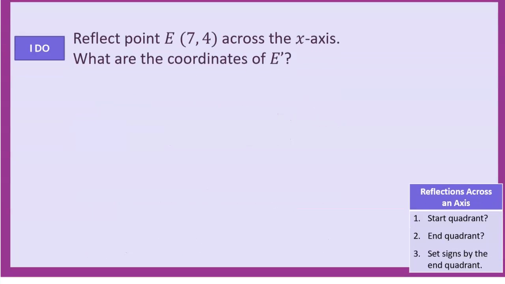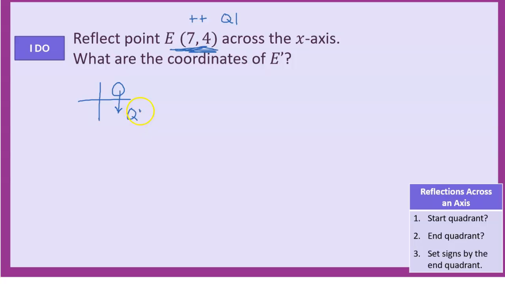So for example, we might want to reflect point E at 7, 4 across the x-axis. Now they haven't given us a picture, but we can think about this. What quadrant is this point in? They're both positive, so it's our positive, positive quadrant. It's quadrant 1. And if we were to reflect that over the x-axis, we started here and we reflected down here.